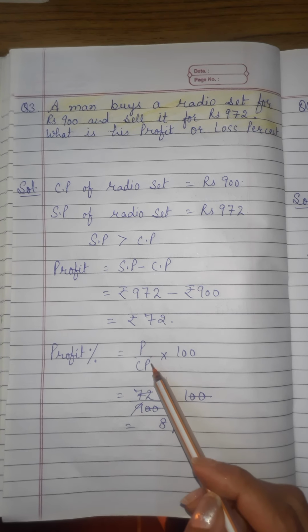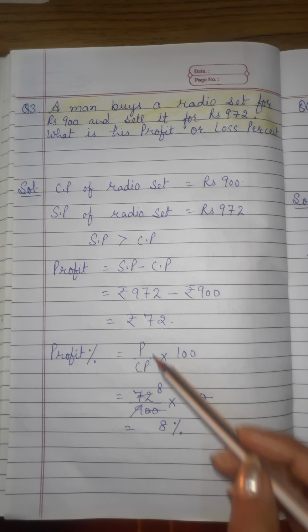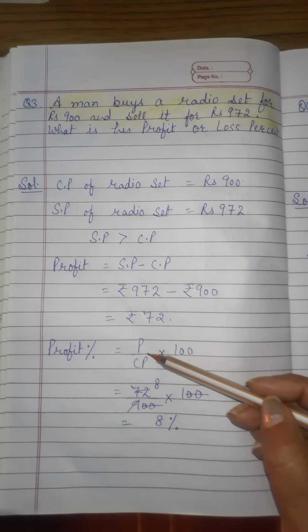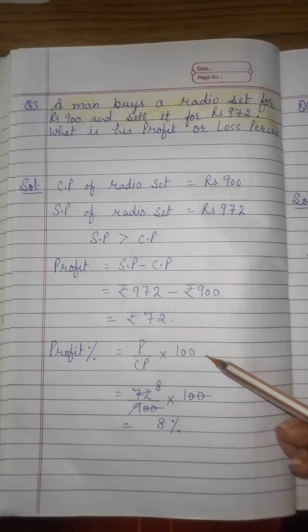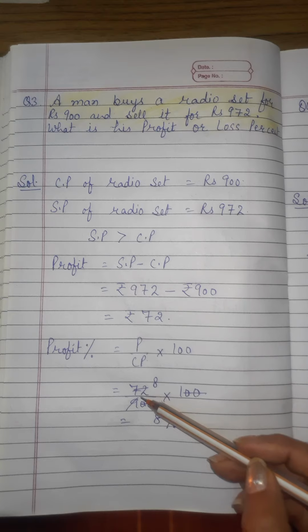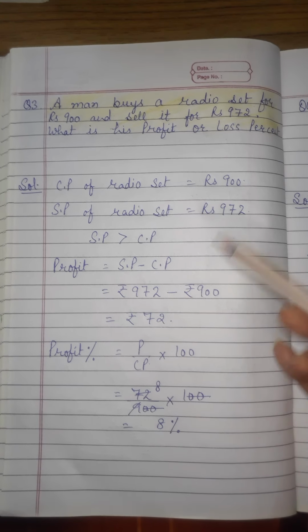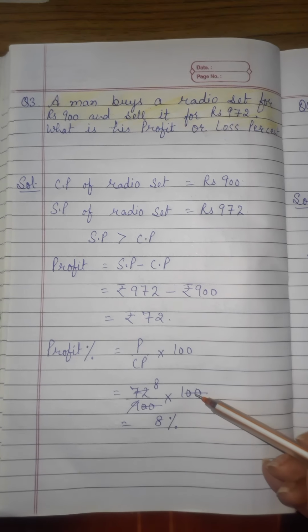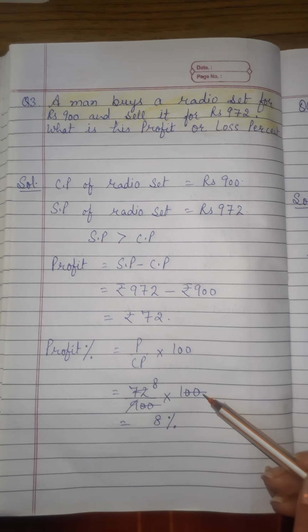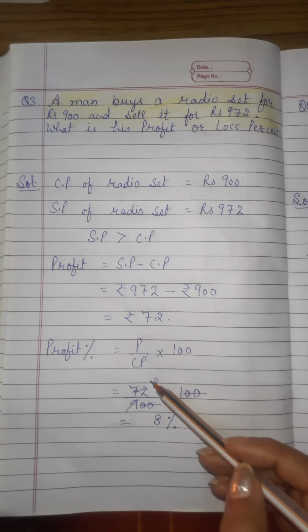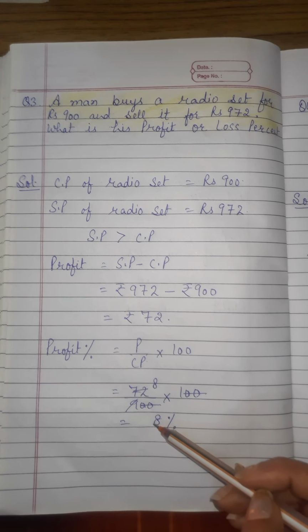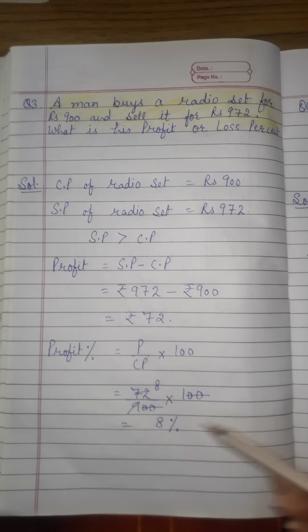To calculate profit percent, we will apply the formula of profit percent, that is profit upon cost price multiplied by 100. Put the value of profit. Profit is 72, cost price is 900, multiplied by 100. When we solve it, we will get 8. So the man gets a profit of 8%.